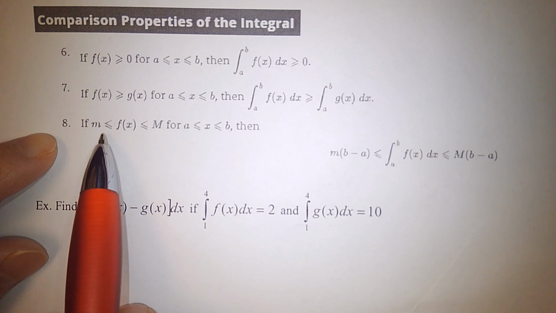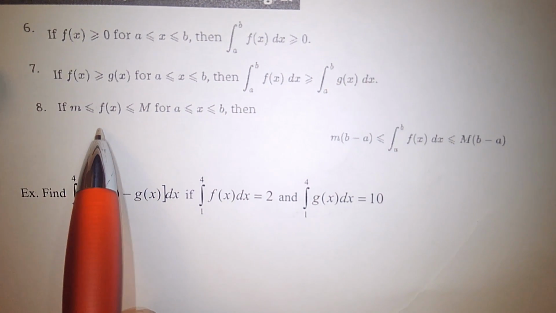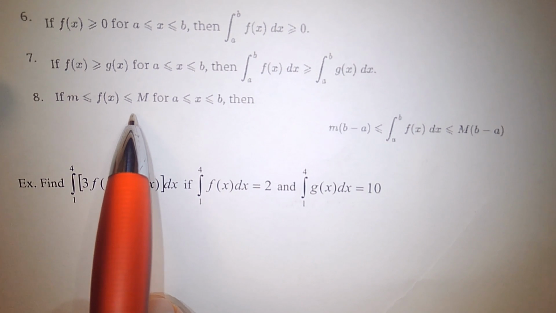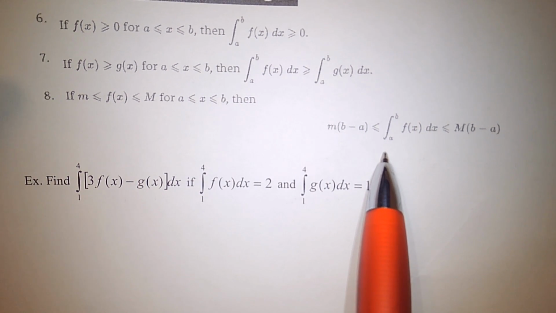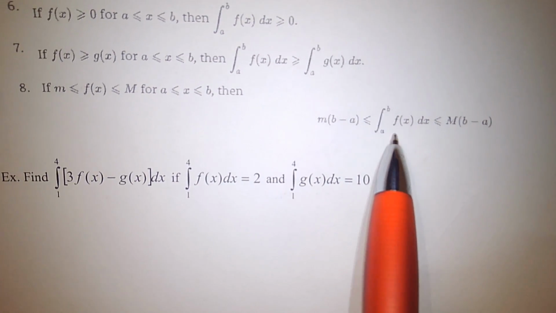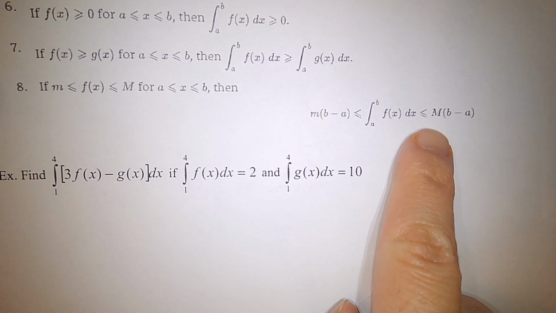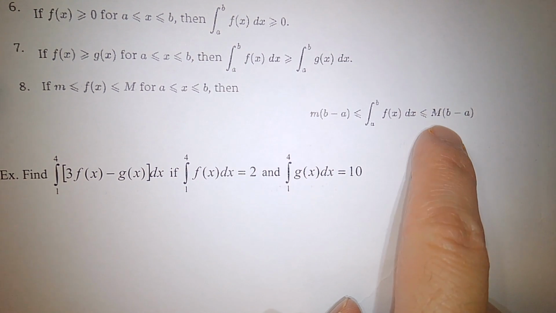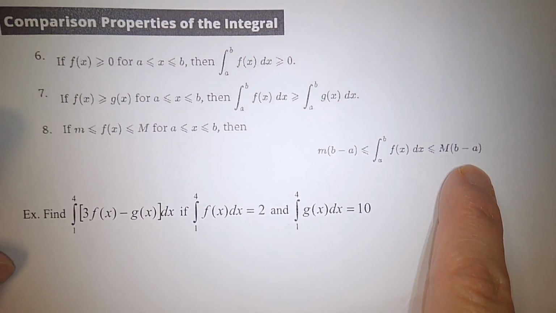If m is less than or equal to f of x less than or equal to capital M, for a less than or equal to x less than or equal to b, then m times b minus a is less than or equal to the integral from a to b of f of x dx, which is less than or equal to capital M times b minus a. Very good. Thank you so much.